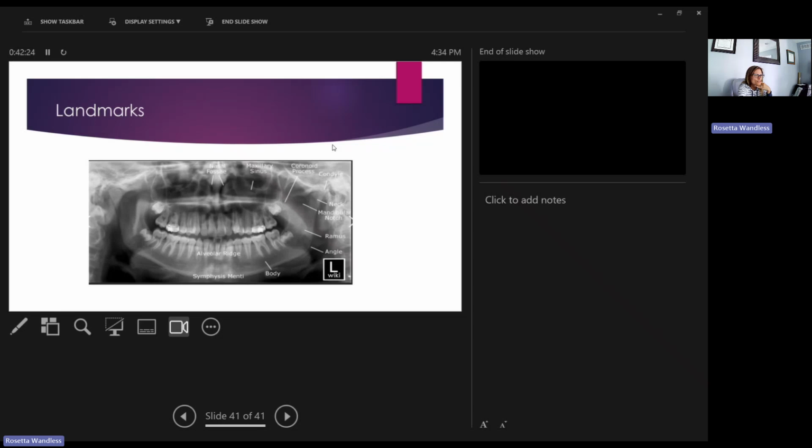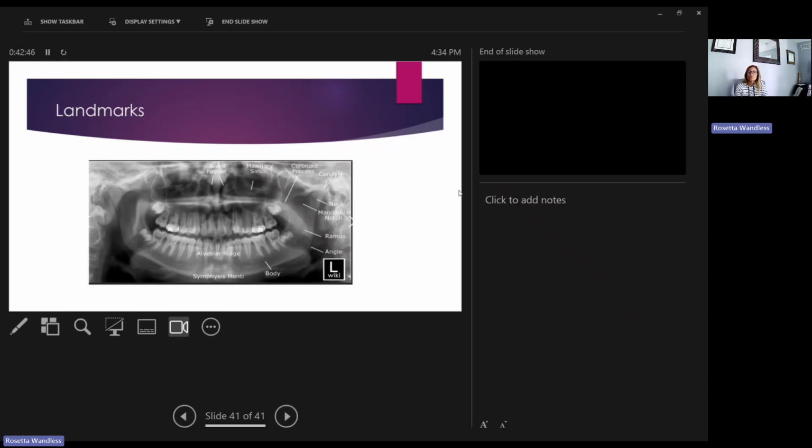Again, these are just some reminders for the landmarks. Here we have the nasal fossa, the maxillary sinus, the coronoid process or condyle. If you did not know what that is, anytime you hear the word process or projection, that's going to be bone.